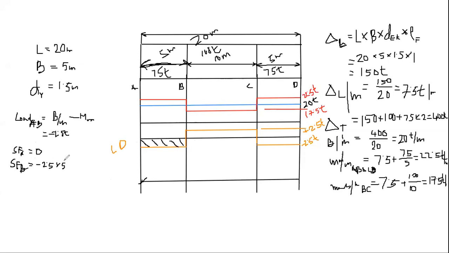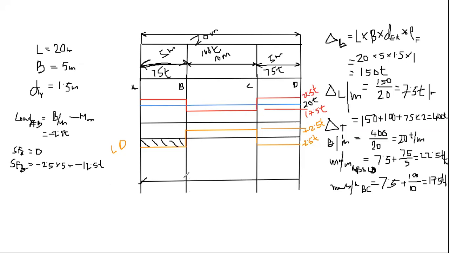So you get a value which is the shear force, which is minus 12.5. So this will be in tons because we are multiplying by the distance. This area is 2.5 tons per meter, multiplied by the length, so we get a value in tons.